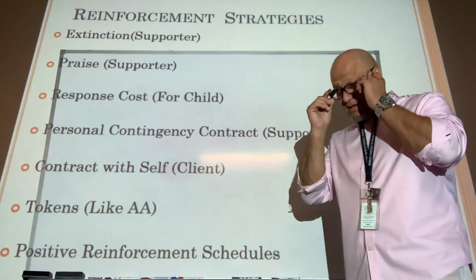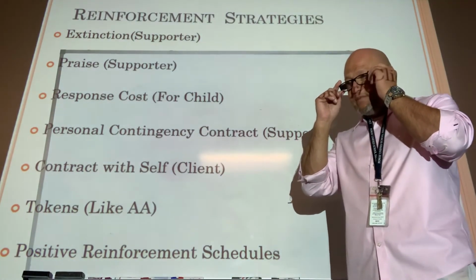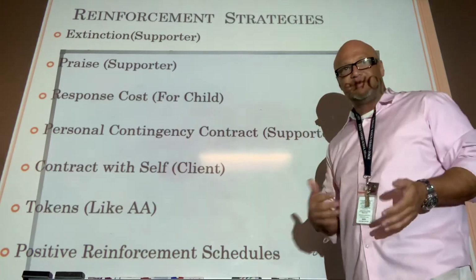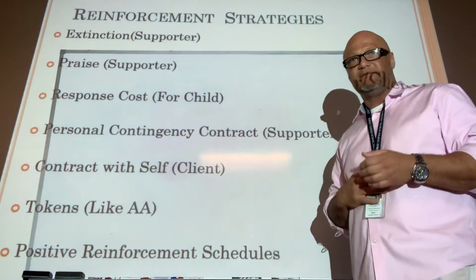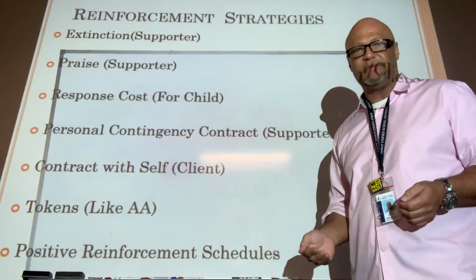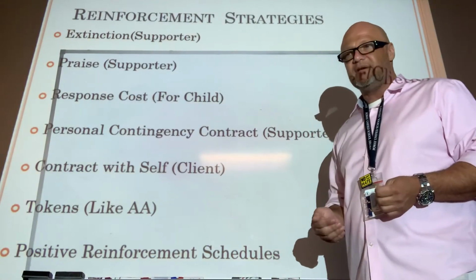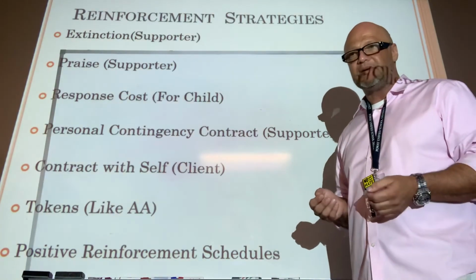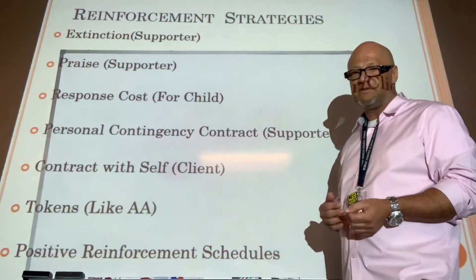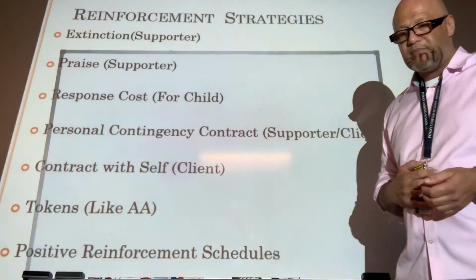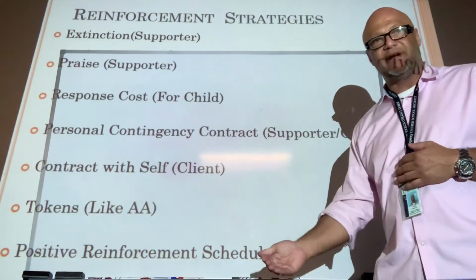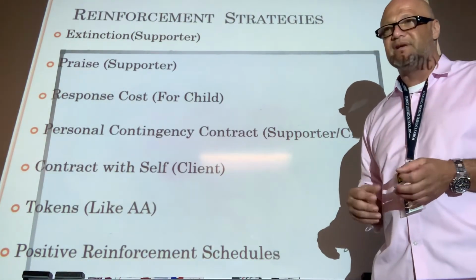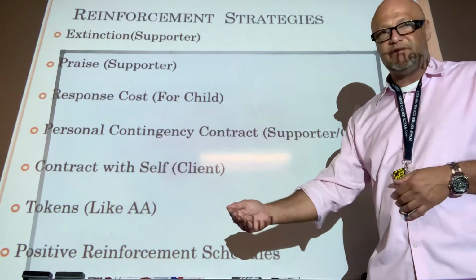That could be an abusive situation, giving attention for certain types of behaviors. And we all know those codependent type relationships where that might be applicable, or folks who are trying to help, but they're actually increasing the likelihood of that behavior.